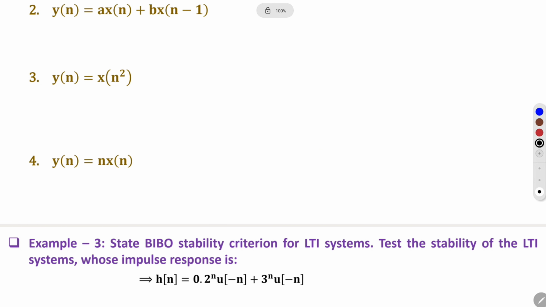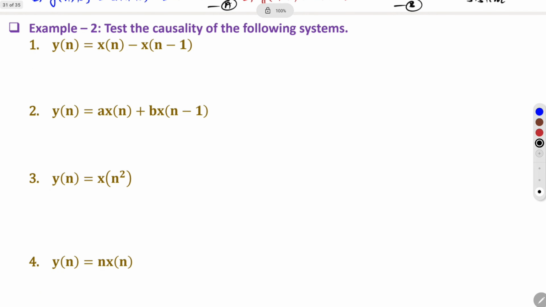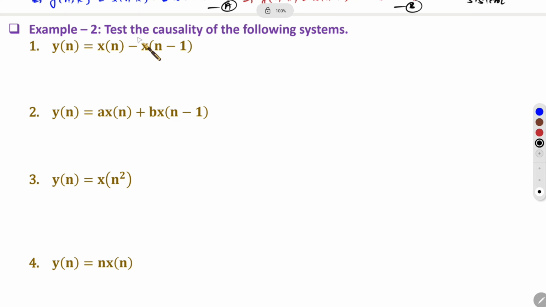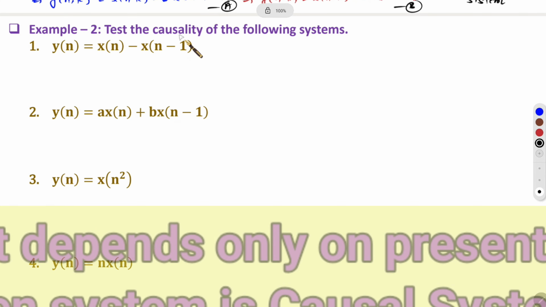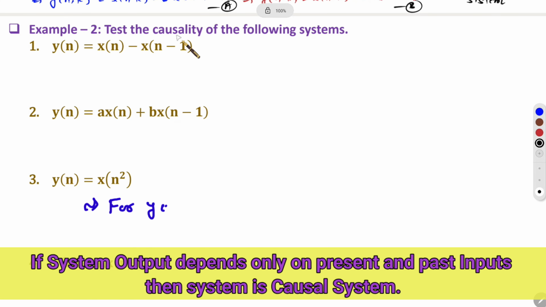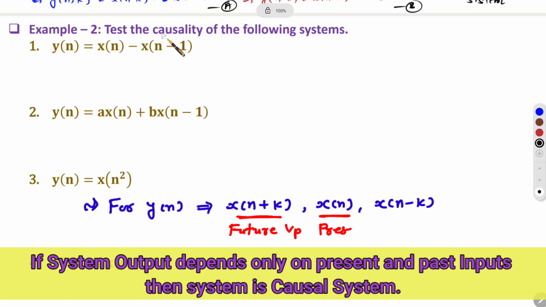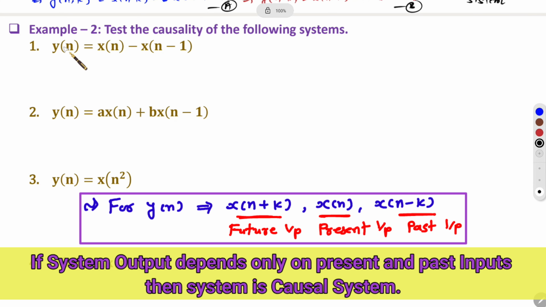Now, let me solve problem number 2, in which we need to check for causality. To understand causality, one should know that the given system should have output which is depending on present and past input, right?